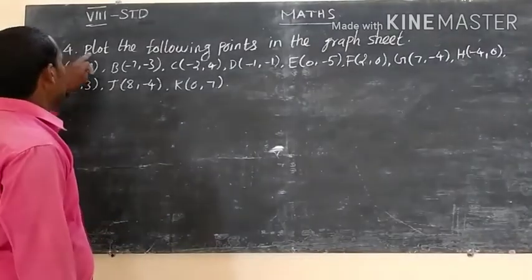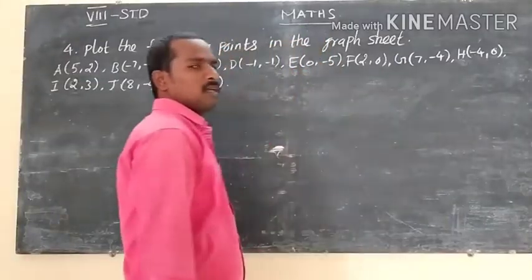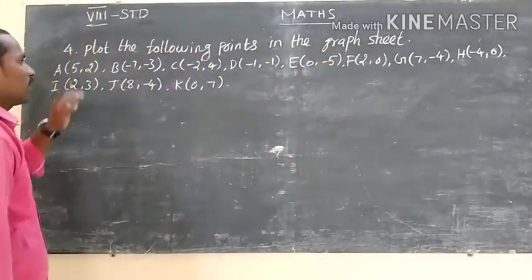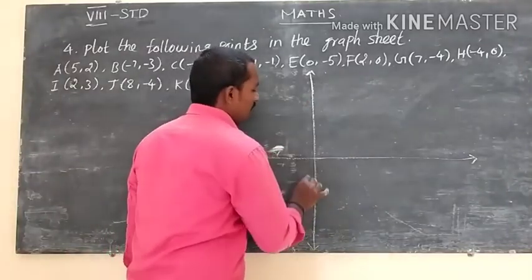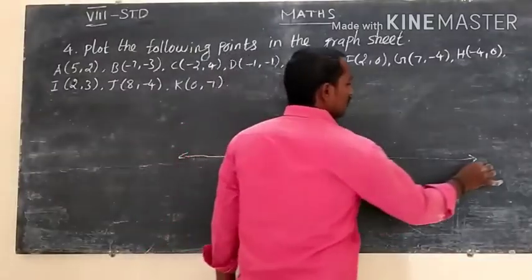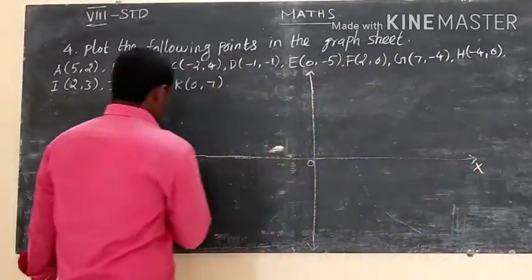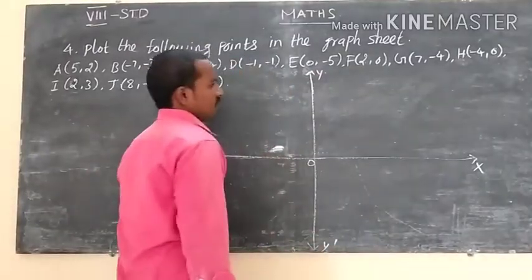Next, fourth question: plot the following points on the graph sheet. Now use the graph sheet. Plot the given points. Draw the horizontal and vertical lines and also mark the axes: origin, x', y'.